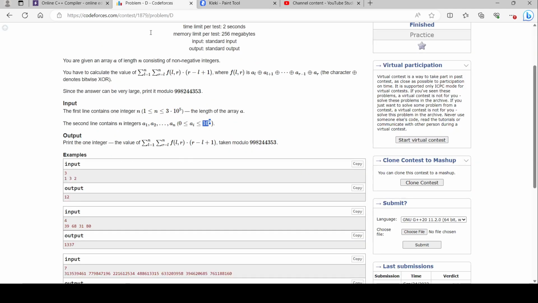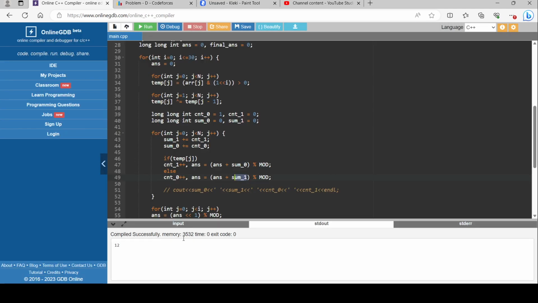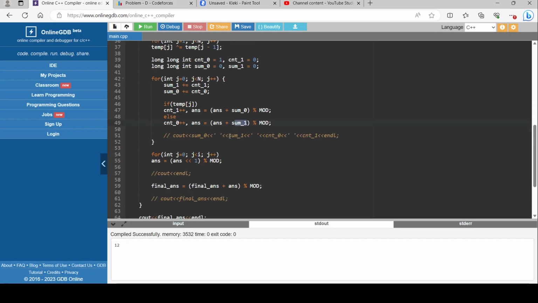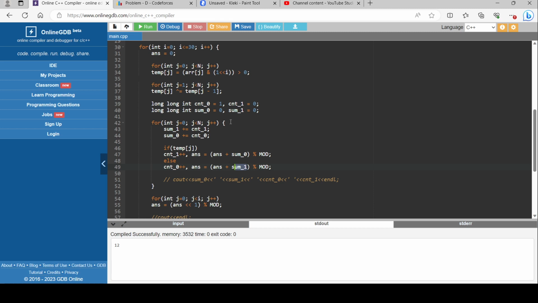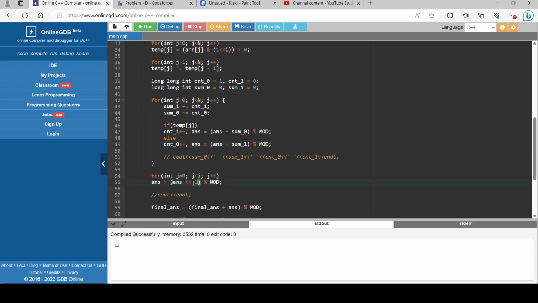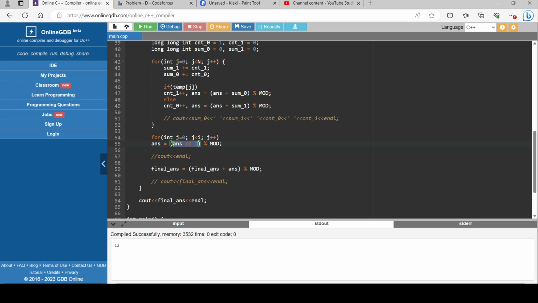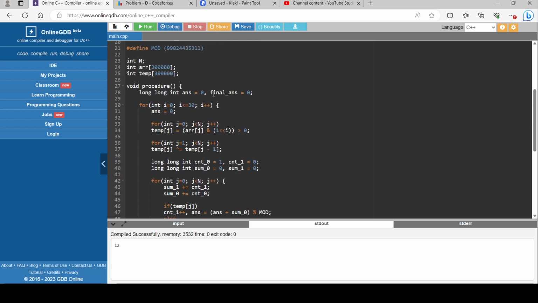Understood? So this is what we are calculating. Now since we have calculated the value, we have to store it in the integer value. So we transform this number and add it to our final answer. This would be giving you the answer.